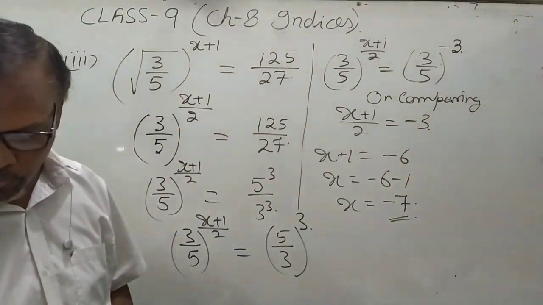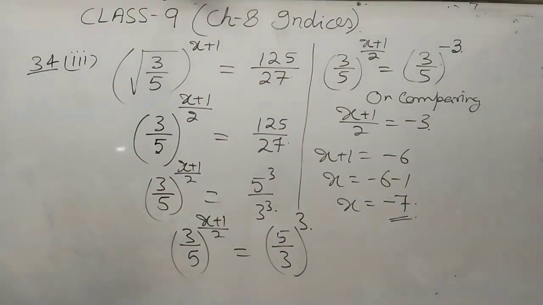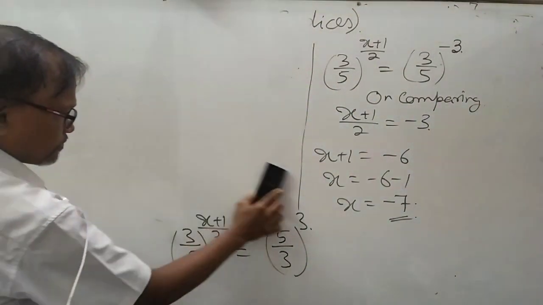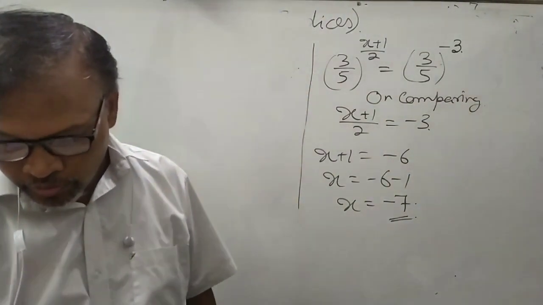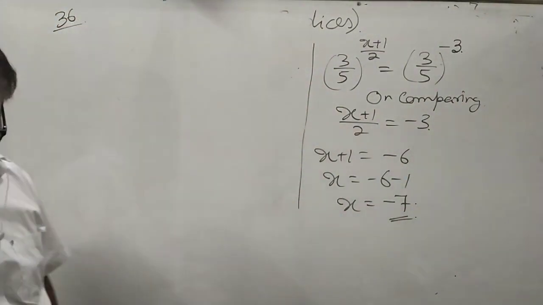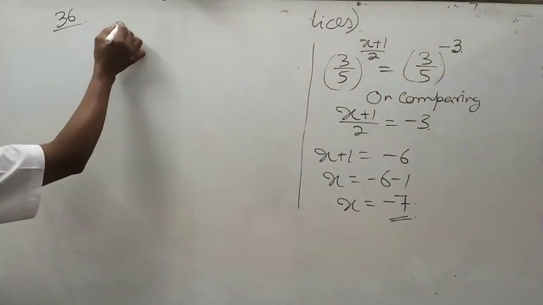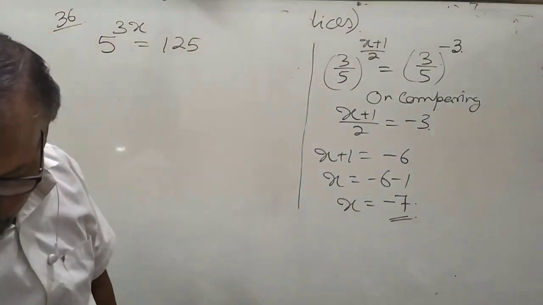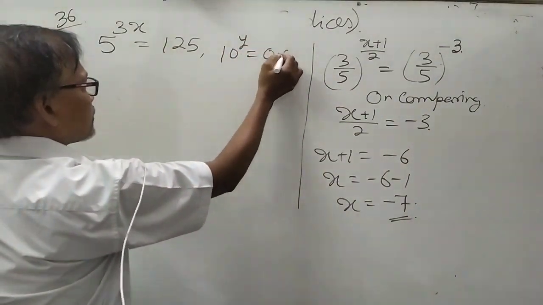Other questions also, 35, and 36 also, but I will tell you. Question number 36. 5 to the power 3x is equal to 125, and 10 to the power y is given as the second equation.